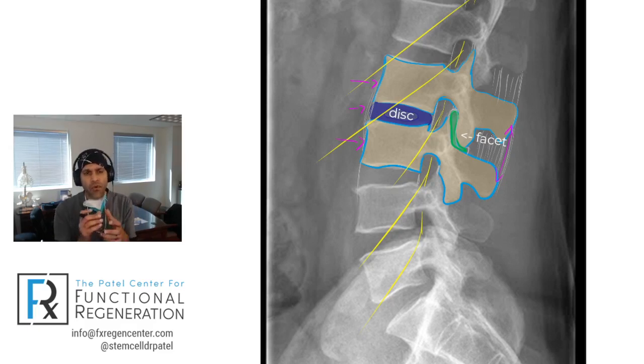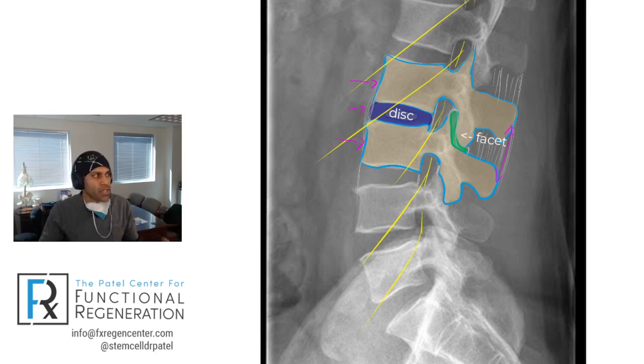So as there's more pressure on the area, the bone's going to be like, hey, there's a lot of pressure on me, I've got to bulk up to accommodate that extra pressure. Or as there's more friction, more instability, more motion, the bone's going to be like, I have to do something to provide stability where I do not have it.